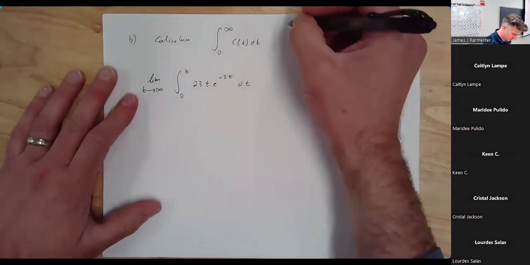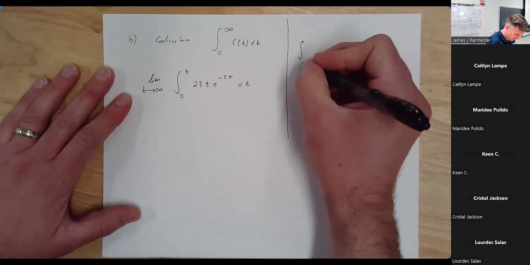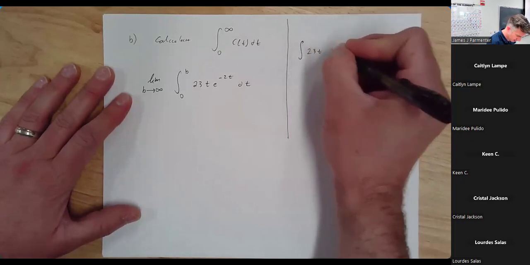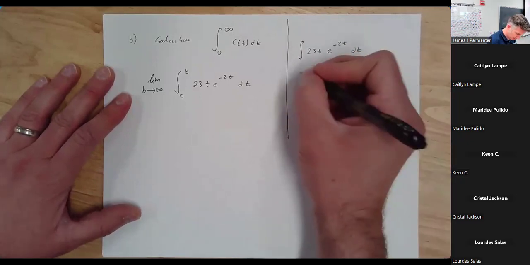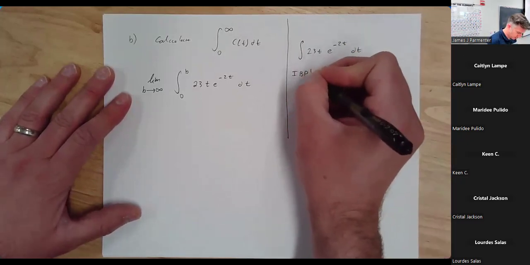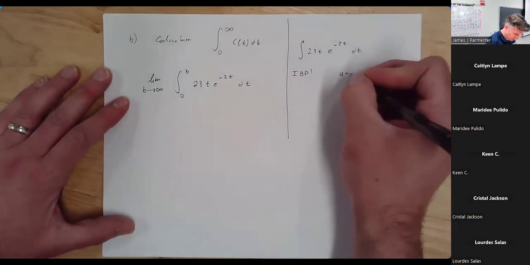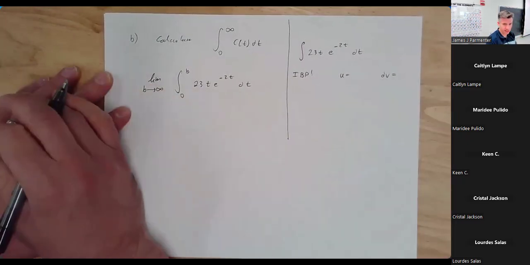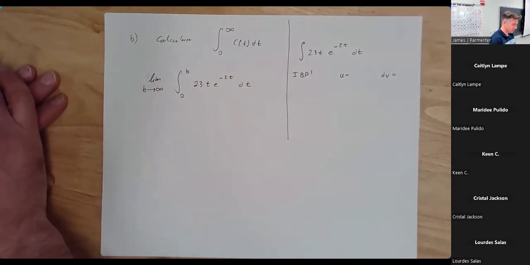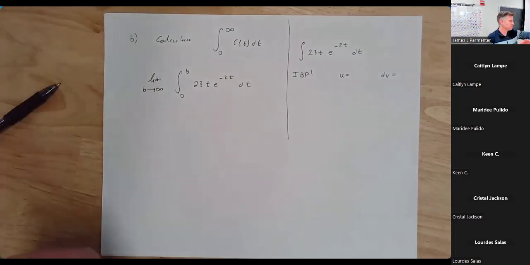Let's just do the indefinite integral of 23t e to the negative 2t dt. It is integration by parts. Fortunately, it's only one time. So our u is going to be something, our dv is going to be something. You should take a quick second and figure out what you think your u and your dv should be. Give you 20 seconds.